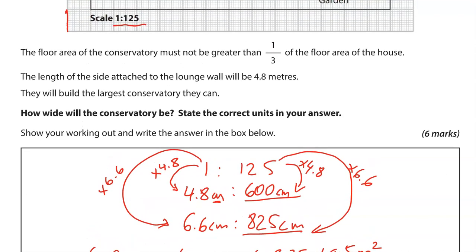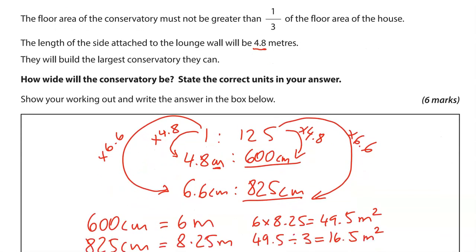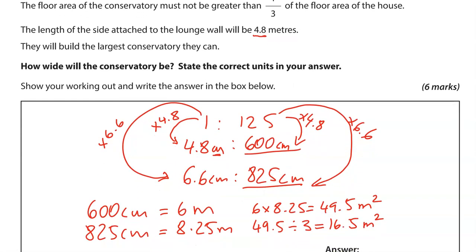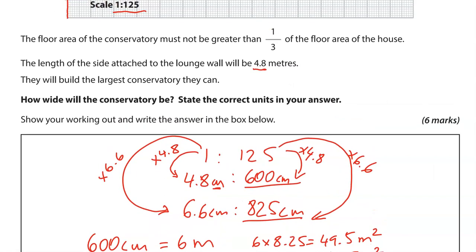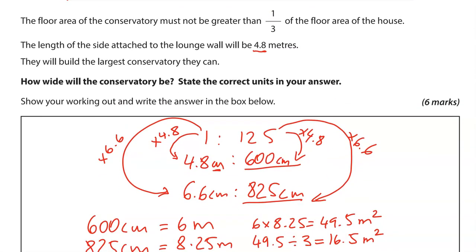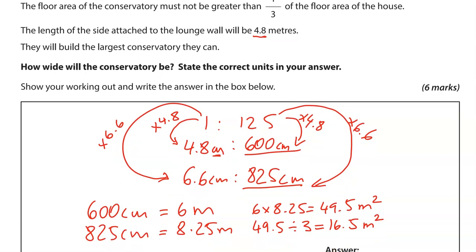Now we know the length, which is going to be 4.8. So to work out the area, we multiply length by width, as we've just done for the whole house. So length times width gives us the area. If we have the area and we have the length, what do we do to work out the width?